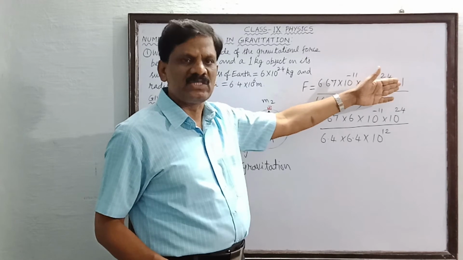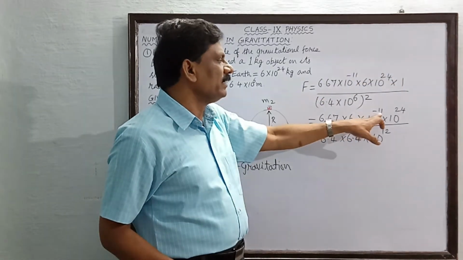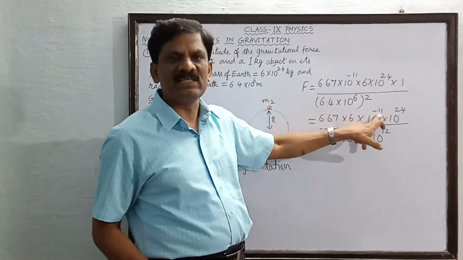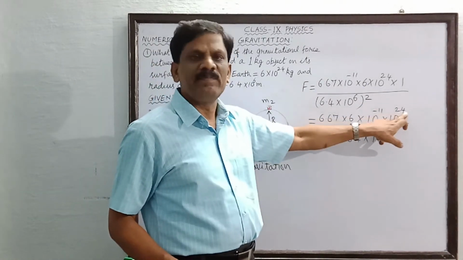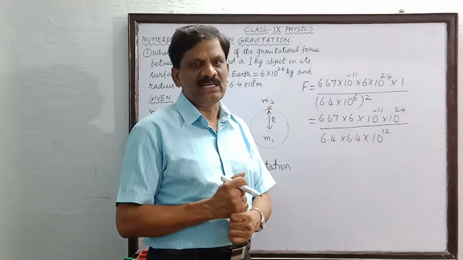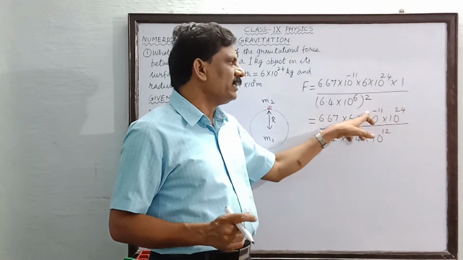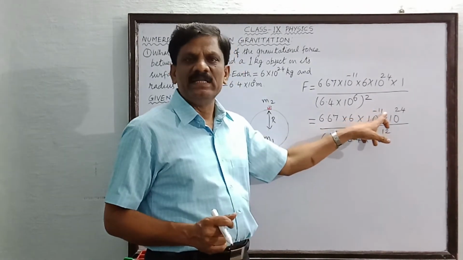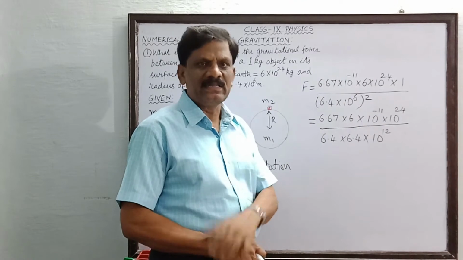Already there is 10 power minus 11. If this is added up it will become 10 power minus 23, and here 10 power plus 24 is there. So approximately I am telling you how to guess the answer. 10 power 24 into 10 power minus 23 will become 10 power 1, that is 10 only.